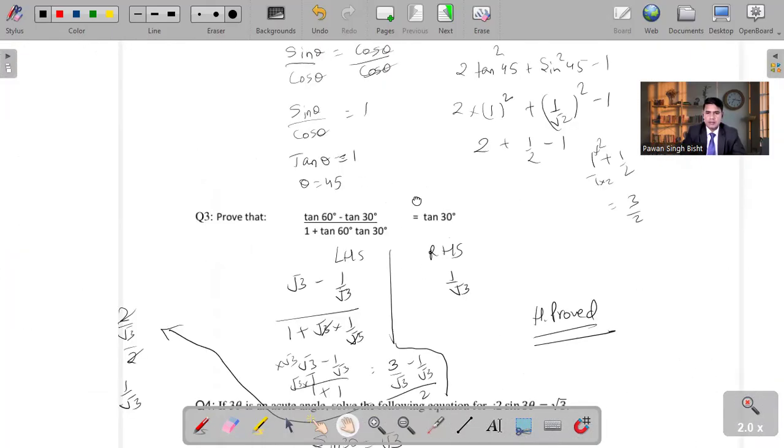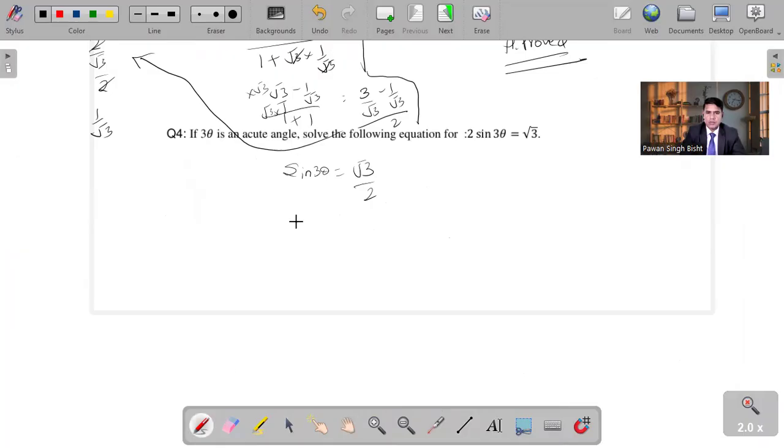So in place of root 3 over 2, we can write sine 60. Now you can compare the angles because these two are equal. So comparing the angles, 3 theta equals 60. So theta will be 60 divided by 3, that is 20 degrees. Understand? So this is the answer for this one. The value of theta here is 20.